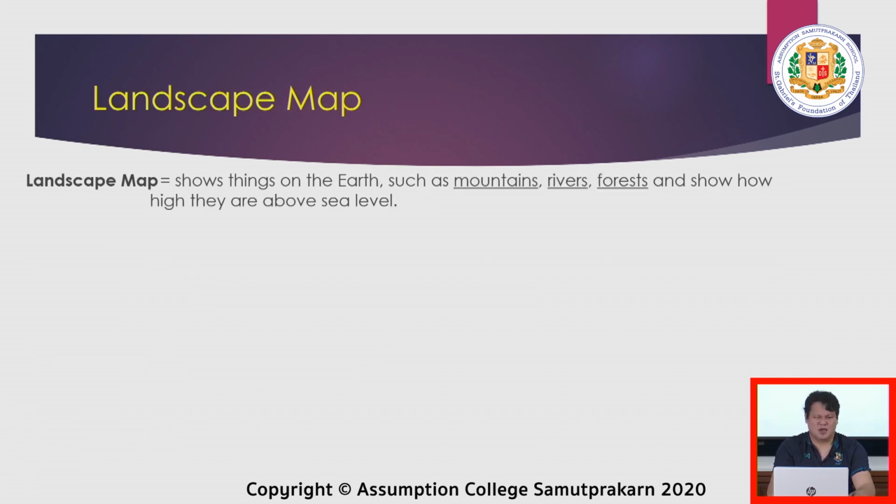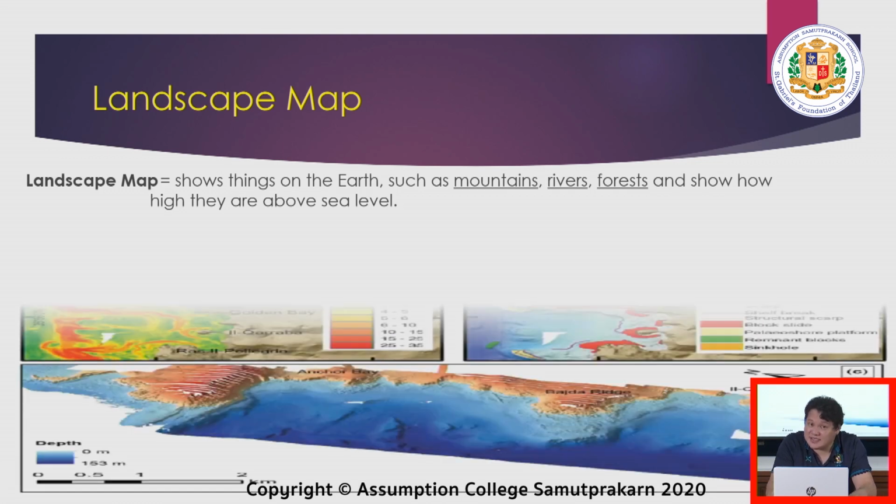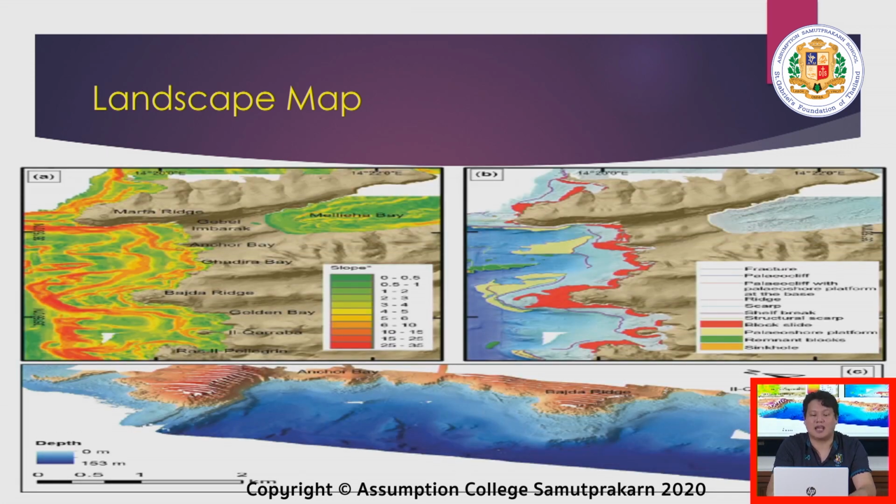First, a landscape map. Let's read together. A landscape map shows things on the earth, such as mountains, rivers, forests, and shows how high they are above sea level. Now, this is an example of a landscape map.